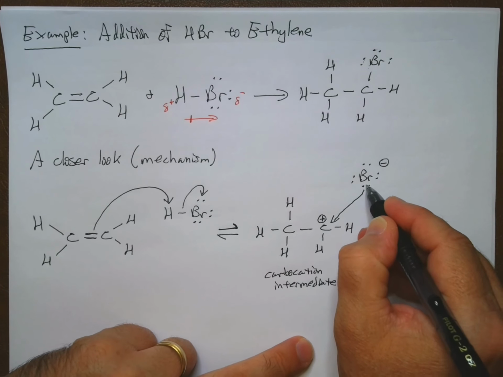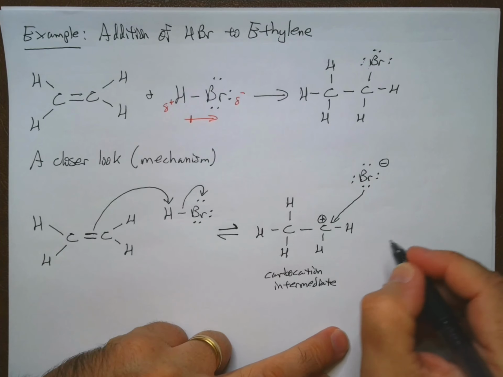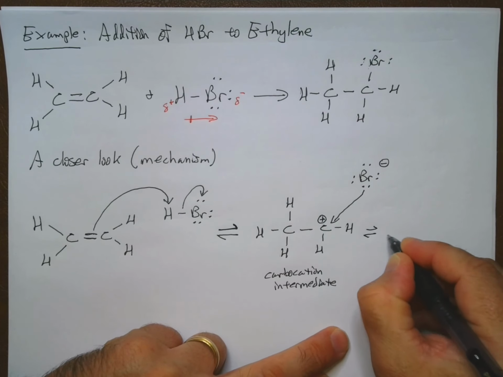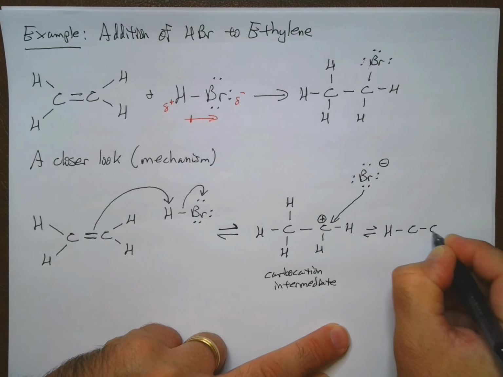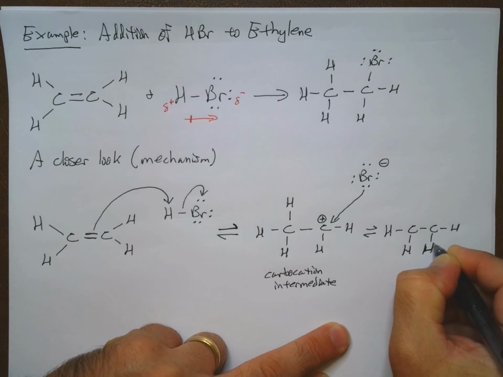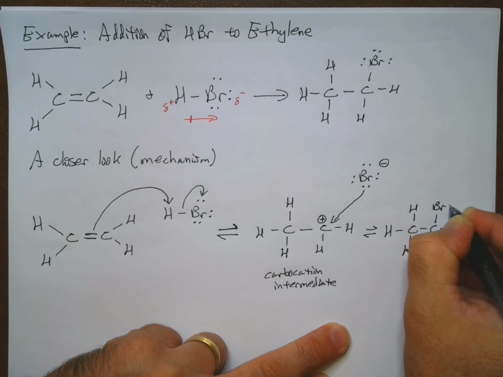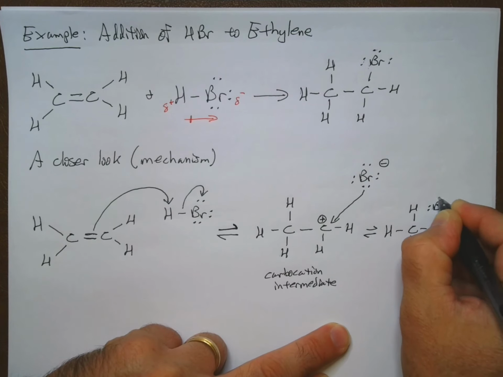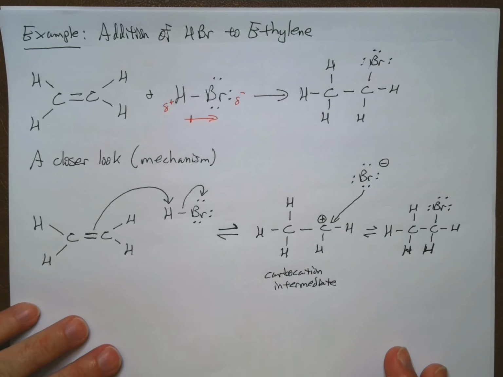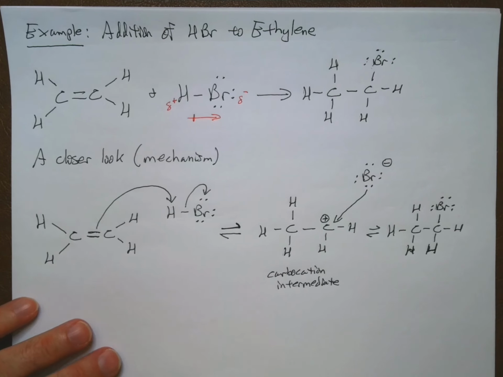A pair of electrons from that Br minus would attack the C plus, forming a new carbon-bromine bond. And there we go. So this is how we would draw the mechanism.